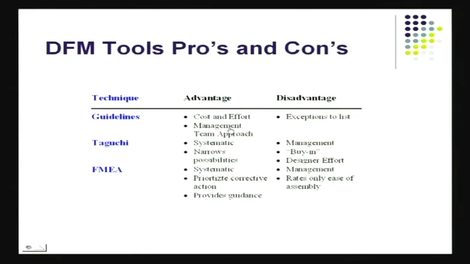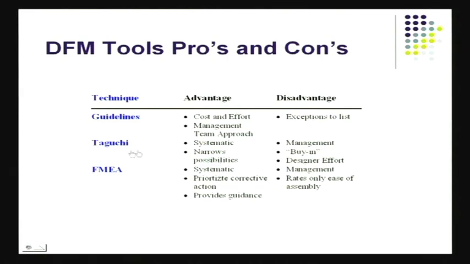You'd be using the management team approach. These are some of the advantages directly coming out of the guidelines. And the disadvantages are that sometimes you have to have exceptions which are not covered by the guidelines. If you're doing DFM, you might be using guidelines, and these would be the things that you should be doing in addition to just following the guidelines.